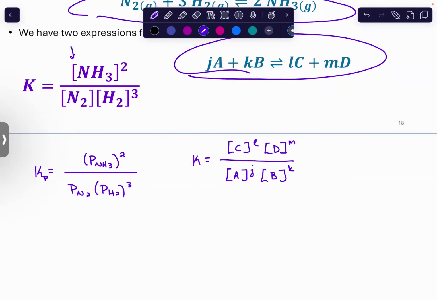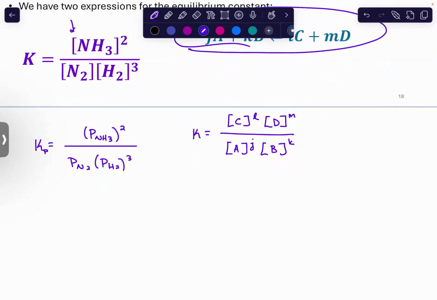So then we go back to our ideal gas law. And out of all those figures there, how do you put that together to get concentration? What are the units of concentration? Moles per liter. So how do you put those together to get moles per liter?